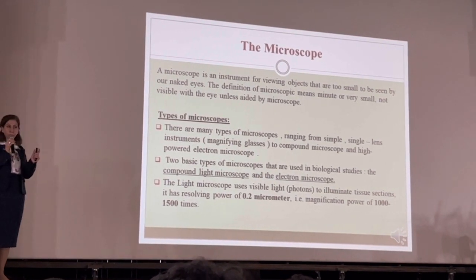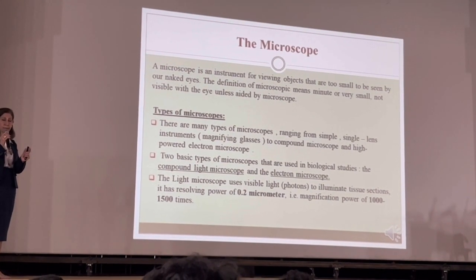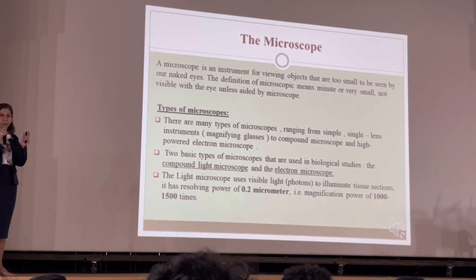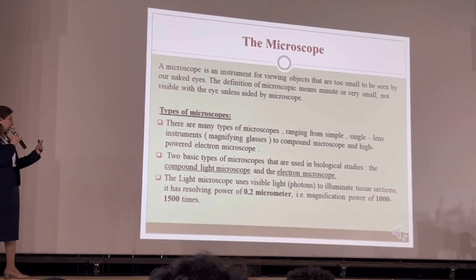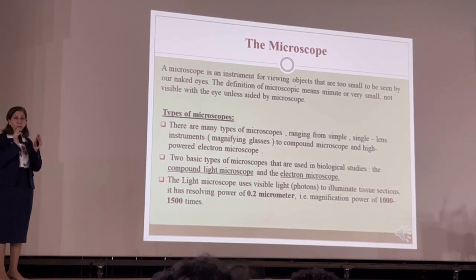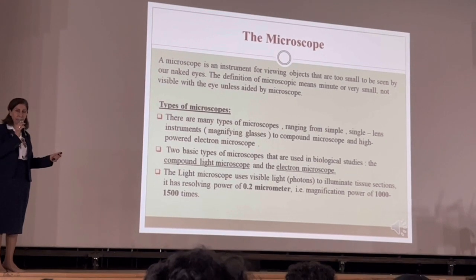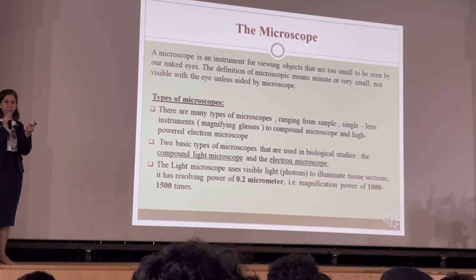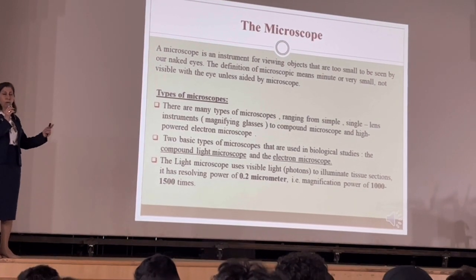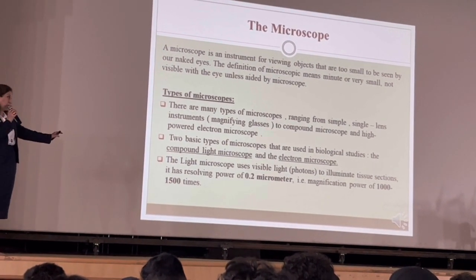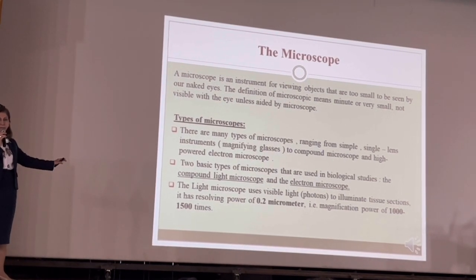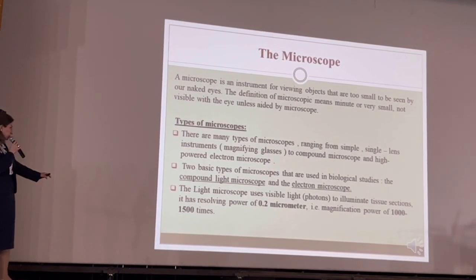If the distance between two particles is less than 0.2 micrometer, you can't see them as two different objects. You will see them under the light microscope as one particle or one part of the cell. So this is the meaning of resolving power.